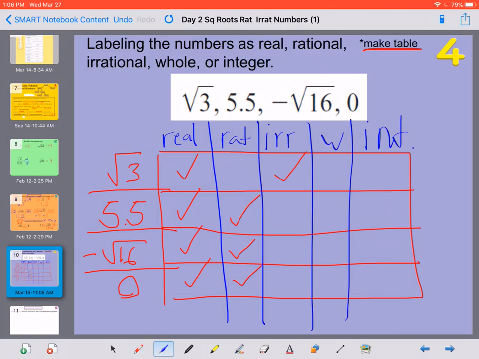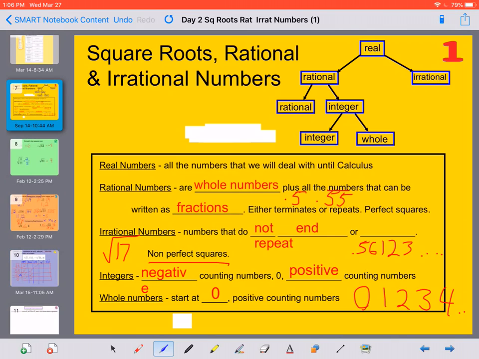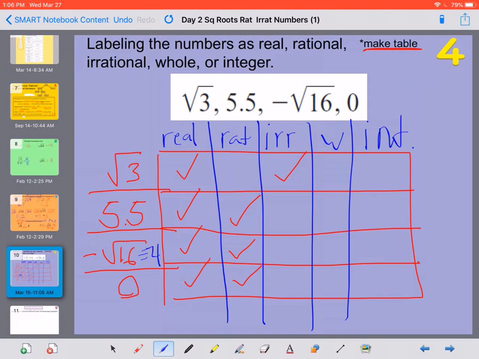5.5 is not a whole number because it's a decimal. It's also not an integer because we can't count it. Integers are numbers that we can count. Now the square root of 16 is really 4, but then we have a negative. So if we look back, whole numbers start at 0 and they are positive counting numbers.